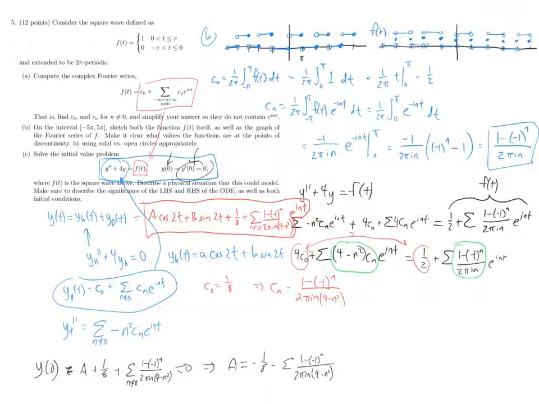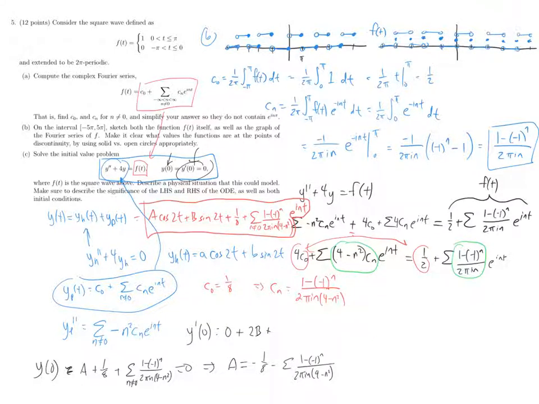So if you take the derivative of this thing, y prime of 0, the derivative of cosine becomes a sine. So you plug 0 in here, that goes away. So you get 0, and the sine turns into a cosine. The 2 pulls out, so you get 2b cosine of 0.